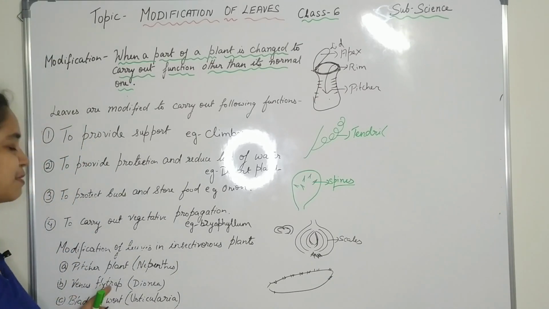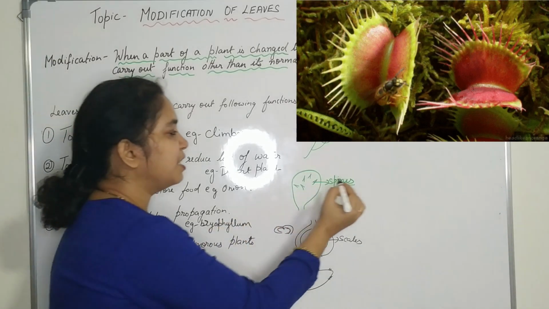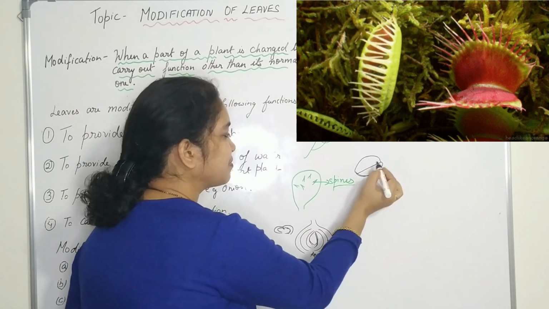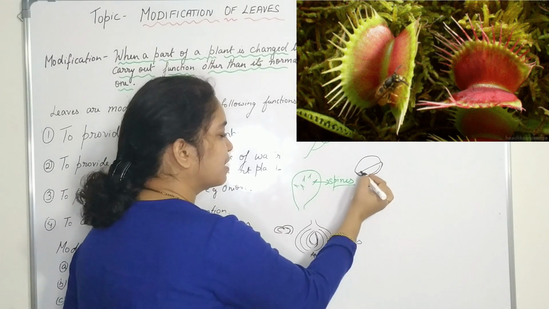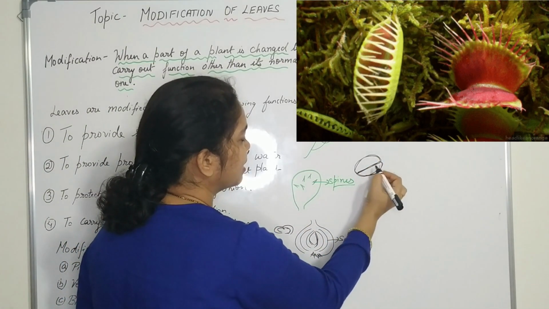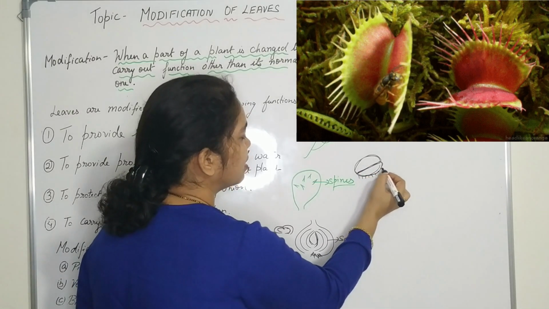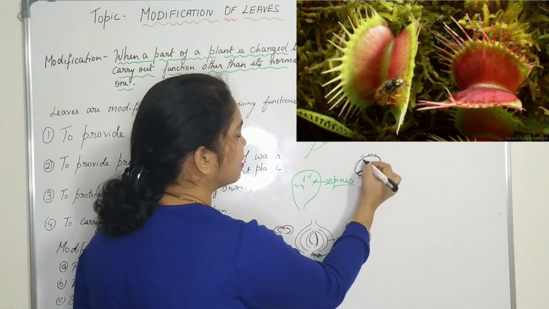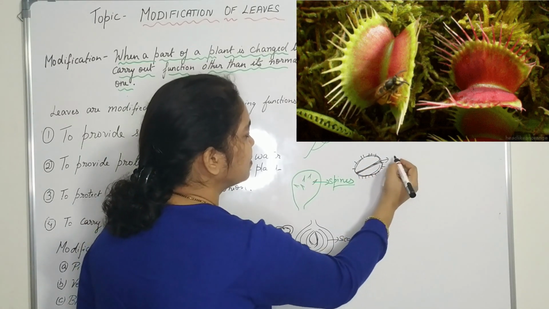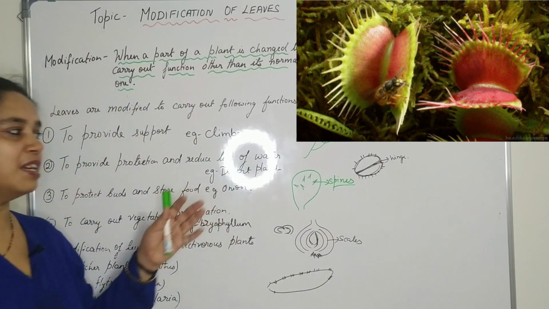Next is the Venus flytrap. What is Venus flytrap? You might have seen that the leaves are modified into a structure like this, which has thorn-like structures on the margin of the leaf, and the midrib acts like a hinge.